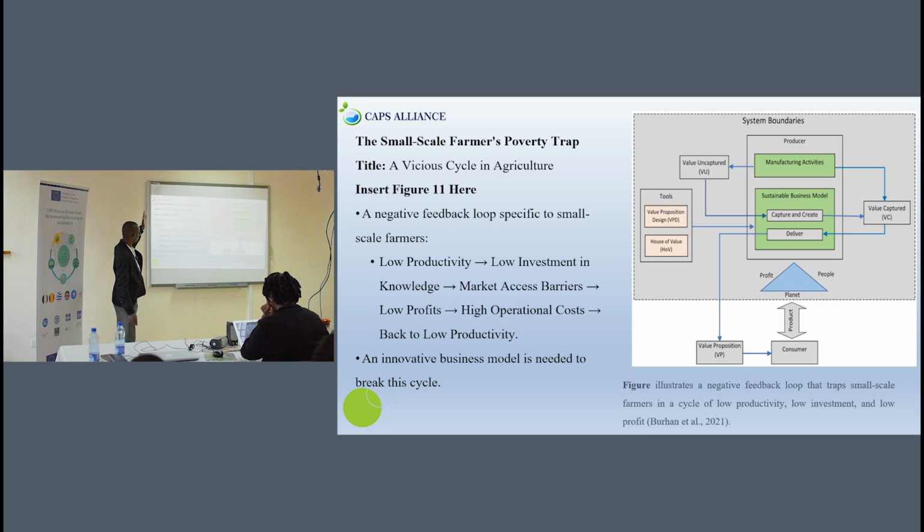Knowledge of the market will be minimal, you make low profits, and then you go back to low productivity. If it's business, you end up with a failing business, and then you start blaming that businesses are not good. An innovative business model is needed to break that cycle.